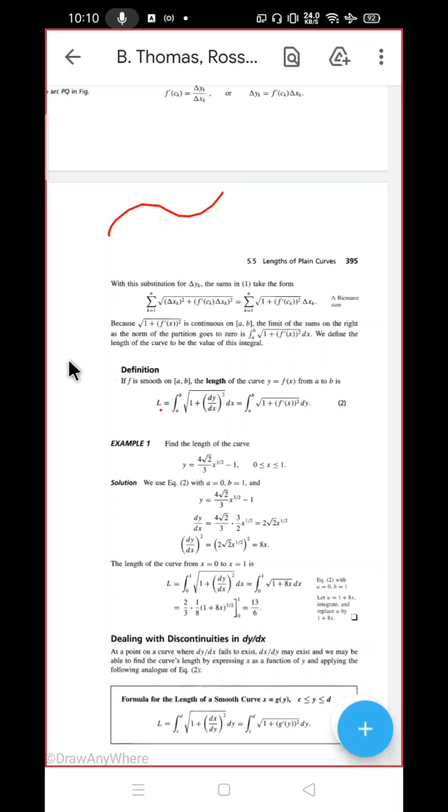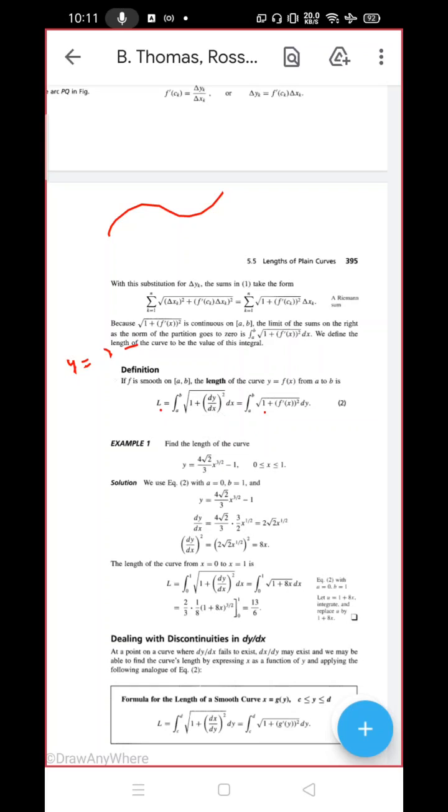If the curve is given as y in terms of x, you just have to put the derivative inside here. And if it is like this, integral from A to B of square root of 1 plus (f dash of x) the whole square, then like this. Okay, and one more form will be there.